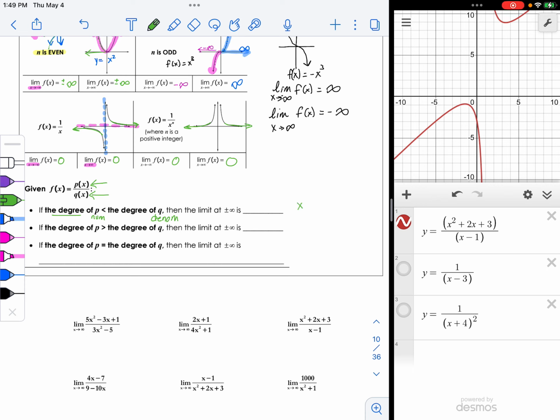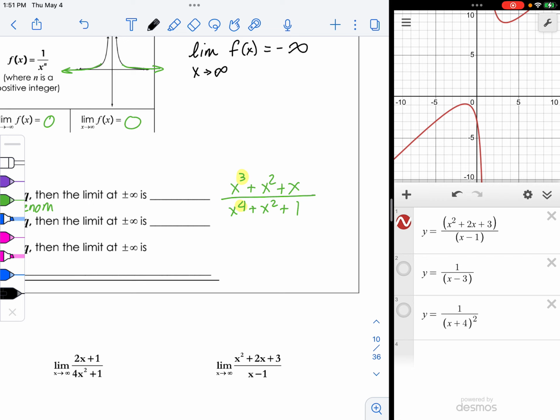When I say degree, it's your highest power. Okay, so if I give you that example, the degree of this numerator is 3, where the degree of my denominator would be 4. So if my denominator is bigger, we call this bottom heavy.